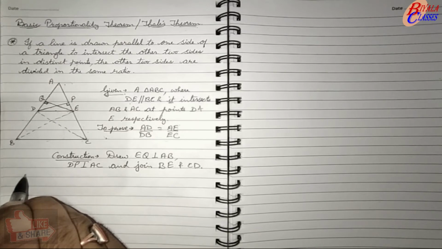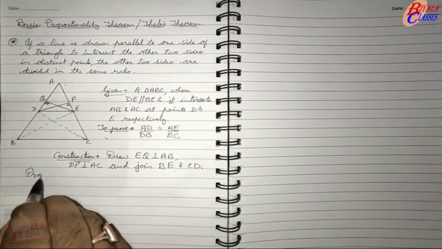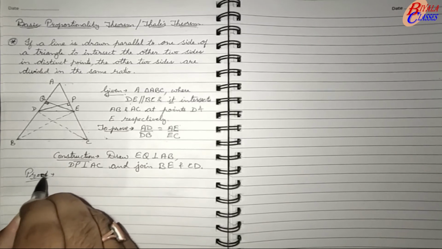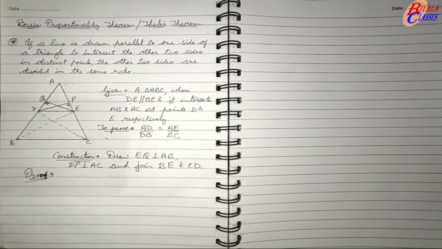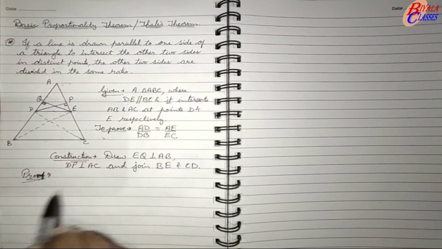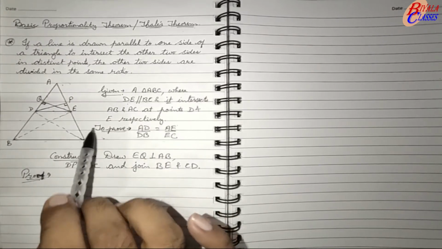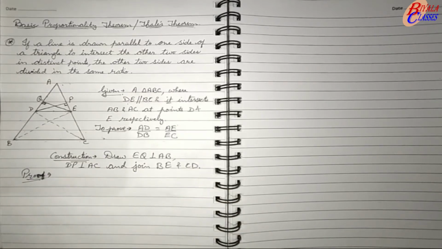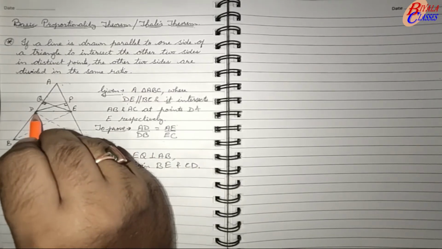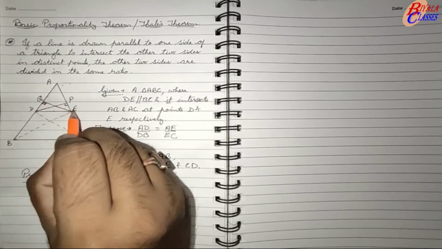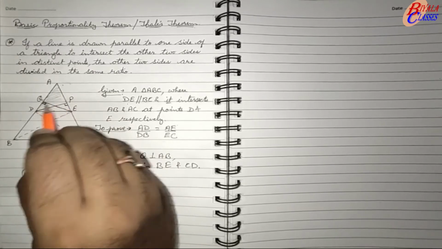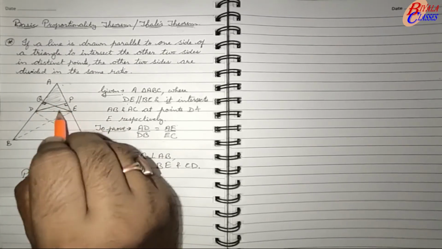Now let us move towards the proof of this theorem. You can see here the triangle ADE, let me shade it slightly so that it is clear to you.